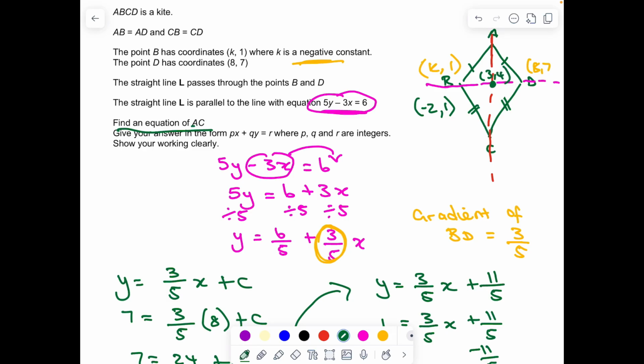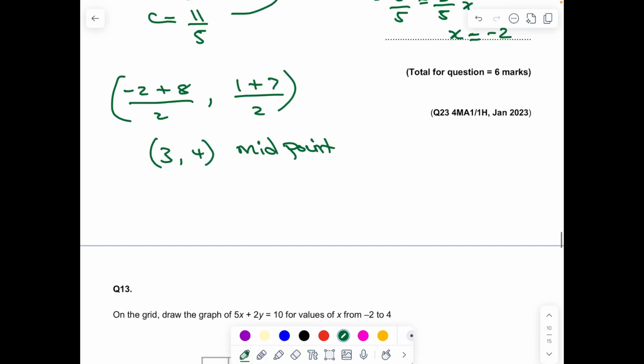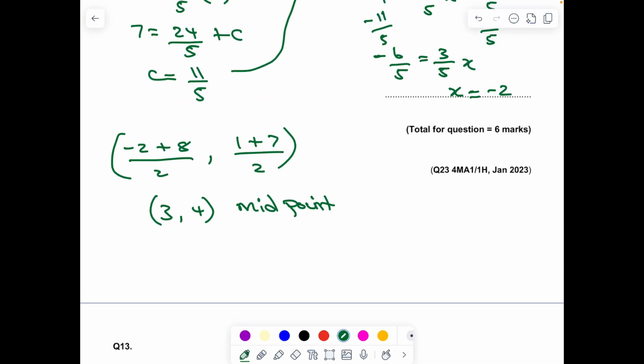Okay, now we can take it all the way, almost. We know that AC, which is what we're trying to find, is perpendicular. So it's at right angles to BD. So we also learned that the gradient of the line that's perpendicular, so that is at right angles to it, is the negative reciprocal.